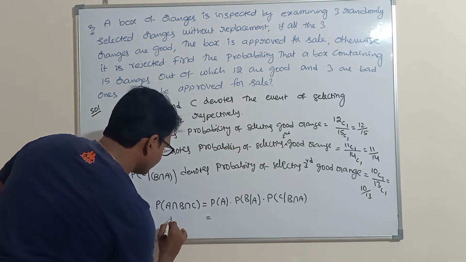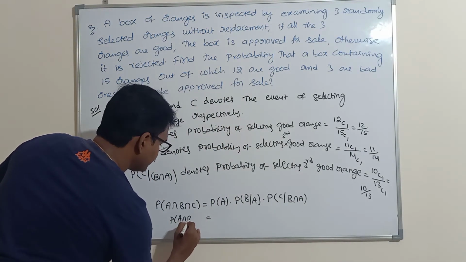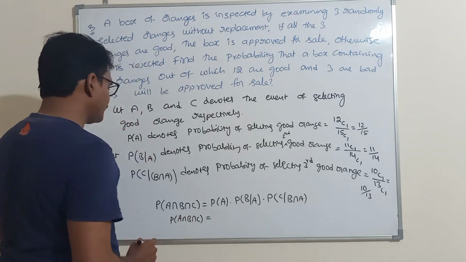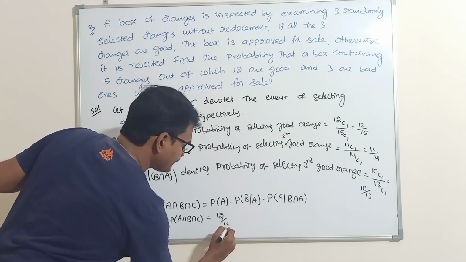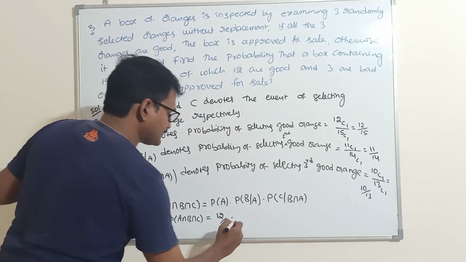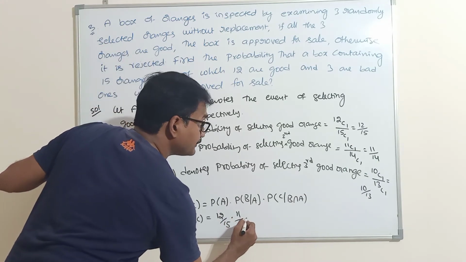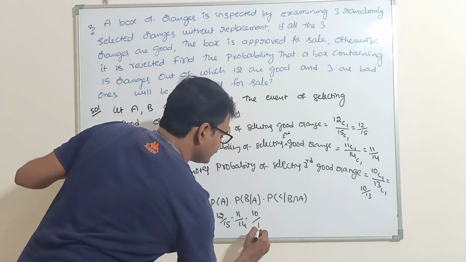So P of A intersection B intersection C is equal to P of A. Probability of event A is 12 by 15 into P of B is 11 by 14 into 10 by 13.